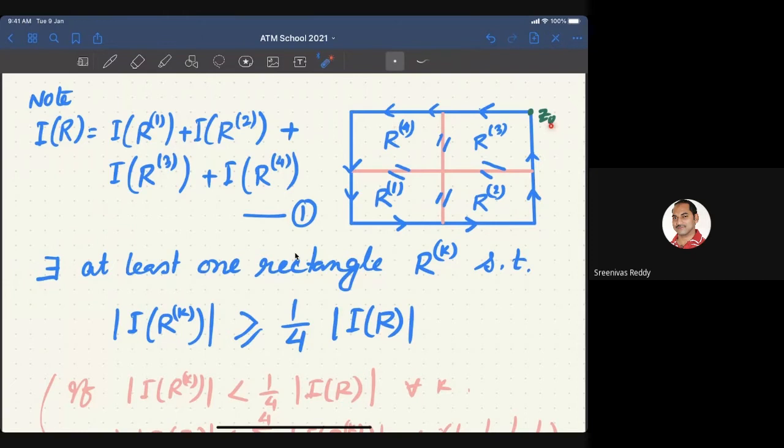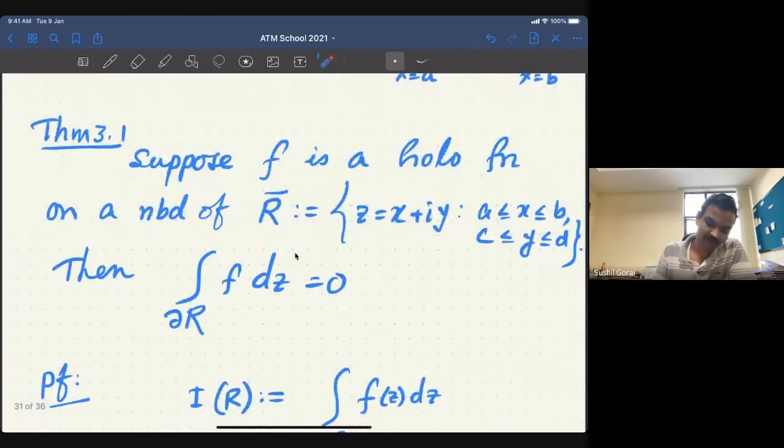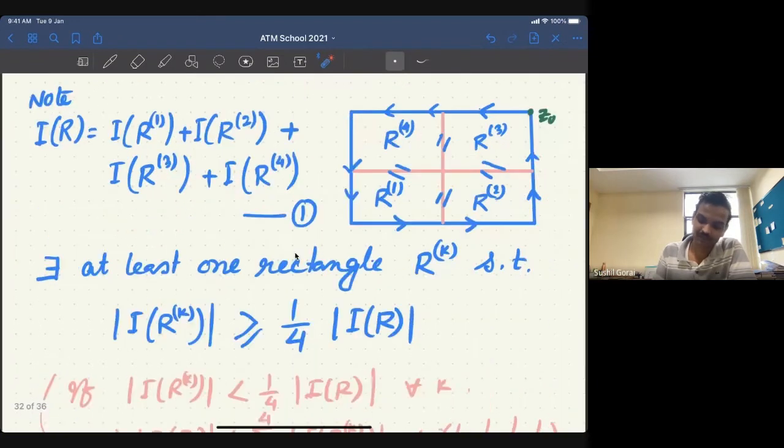That's why R closure is also the same as R, because our rectangle is closed and bounded. But what is the assumption? The assumption is a neighborhood of R closure. So this neighborhood is very much important. For example, if this z0 lies in the boundary, you need a neighborhood here, but it is holomorphic. Thank you.